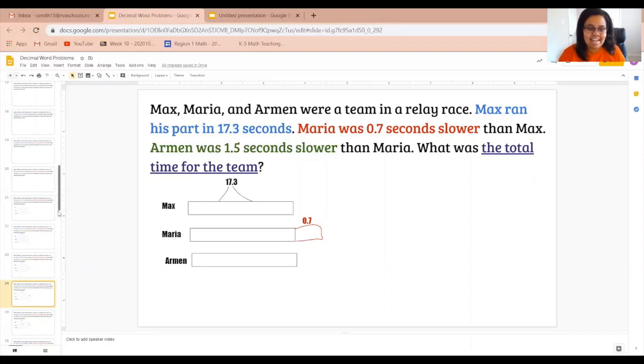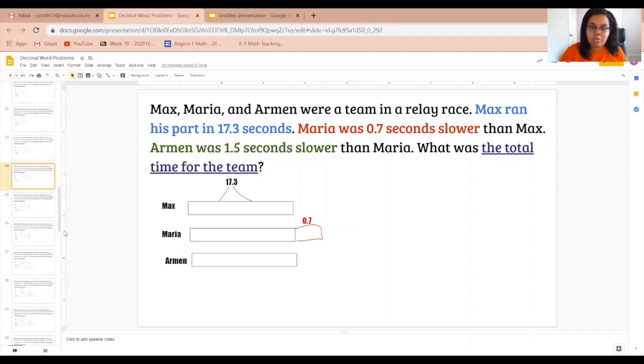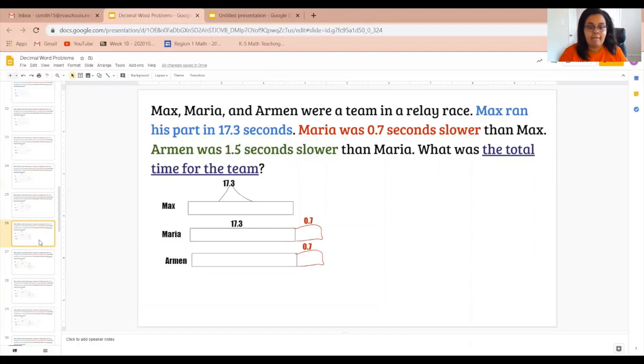Then next we have Armin. Now Armin was almost the same as Maria, except Armin finished 1 5/10 seconds slower than Maria. So we have Maria's bar labeled now. I'm going to do the same thing for Armin as Maria because he was almost the same as Maria, but then I need to do something else to Armin's bar.